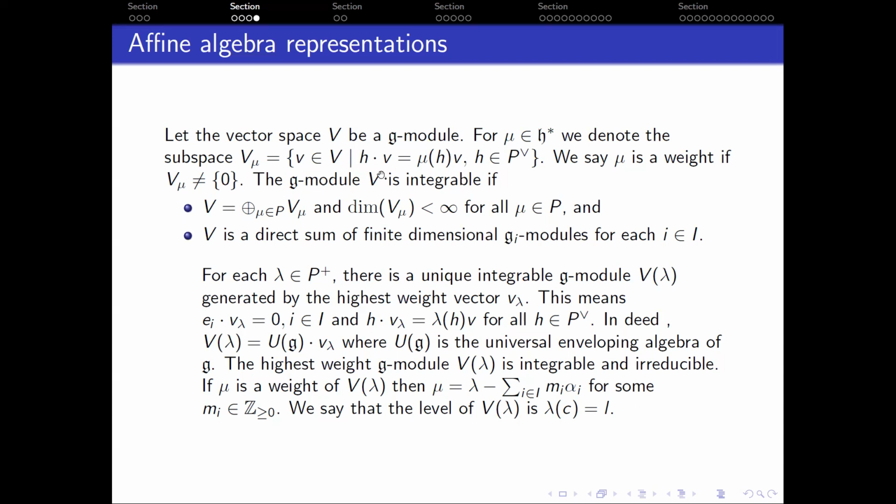We'll define a G module to be integrable if V is a direct sum of its weight spaces, and each weight space is finite dimensional. More importantly, V is a direct sum of finite dimensional G_i modules for each i. We can decompose with respect to that SL2 copy, SL2 module.